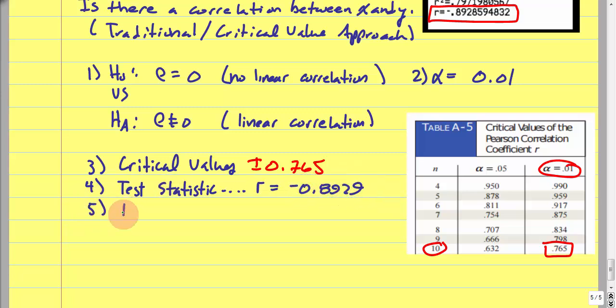And then I make some sort of a decision. And to make my decision, I take the absolute value of R, and I say the absolute value of R is going to be more extreme or greater than 0.765.